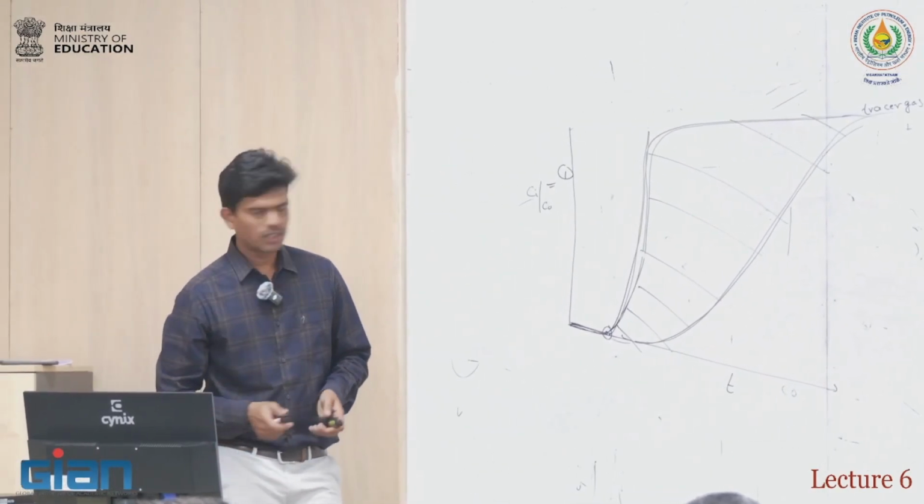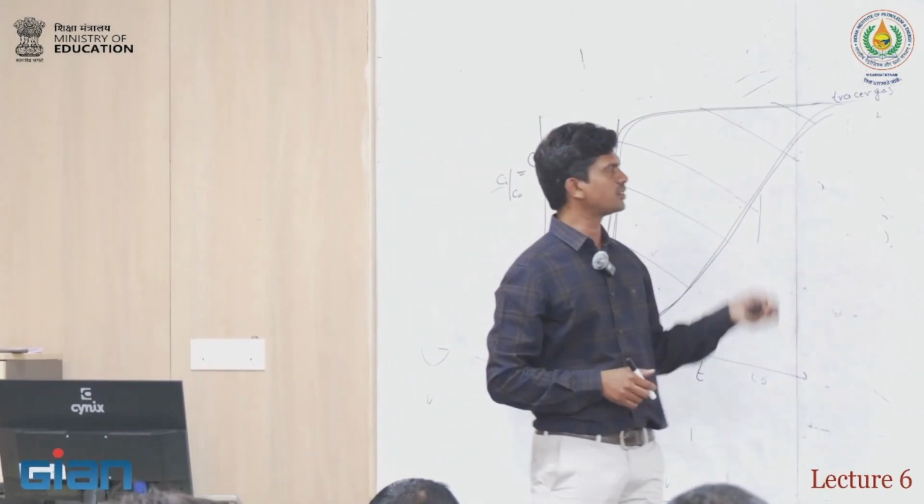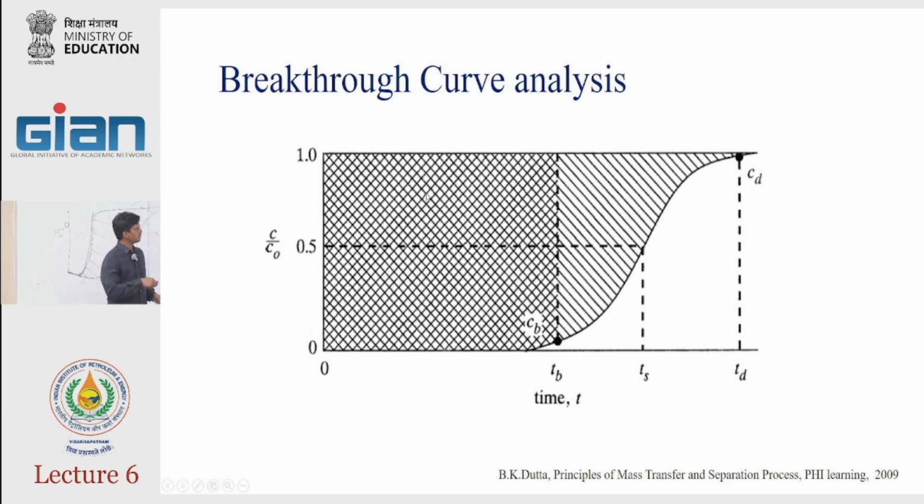So this is how a breakthrough curve looks like. This is the region where you see complete adsorption, right? And then a breakthrough and then saturation. So the time here, TB, is the breakthrough time. You may say, why not here? Why here?